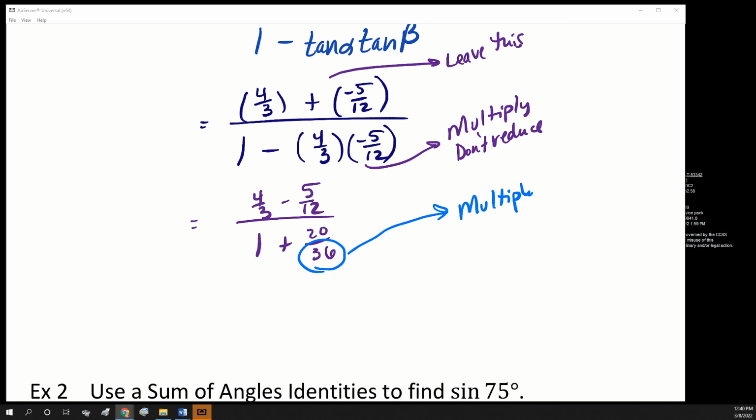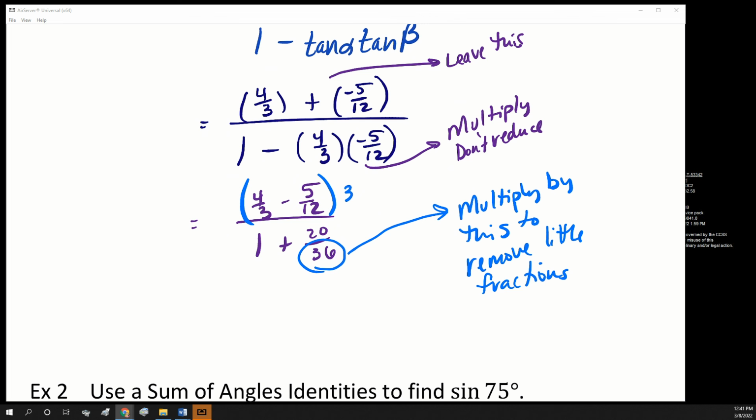So multiply by this to remove little fractions. Now, this is up to you, whether you want to do it in your head or use a little calculator to do it. Let me show you both ways.